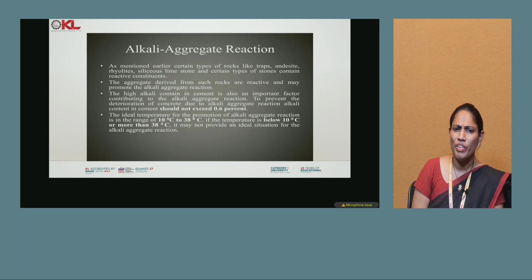When it comes to the ideal temperature, the alkali reactions range from 10 degrees to 38 degrees. If the temperature is below 10 degrees or more than 38, it may not provide an ideal situation for the alkali aggregate reaction.